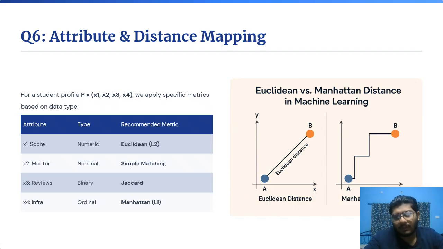Types: numeric, nominal, binary, and ordinal. Recommended metrics: Euclidean, simple matching, Jaccard, and Manhattan. On the right-hand side you can see Euclidean versus Manhattan distance in machine learning. Euclidean is a straight line, while Manhattan is like steps. These are the differences between them.